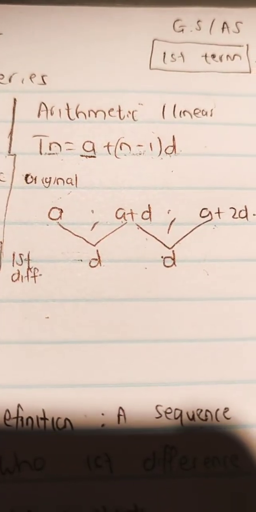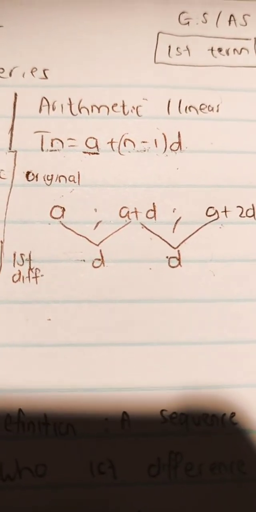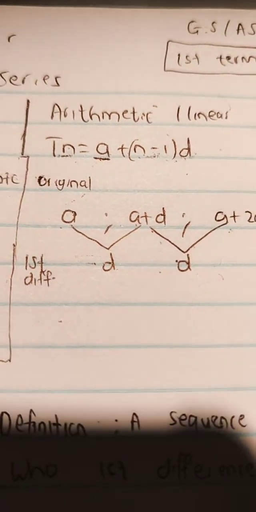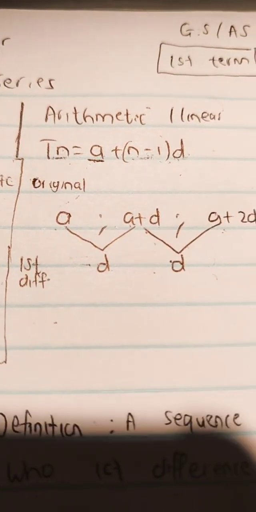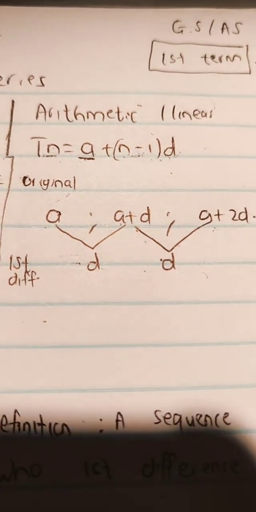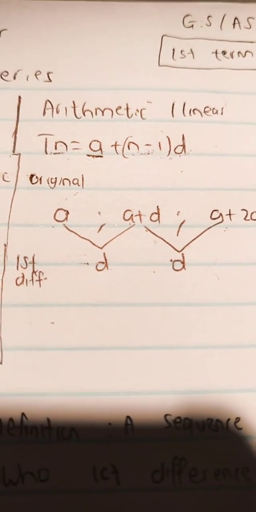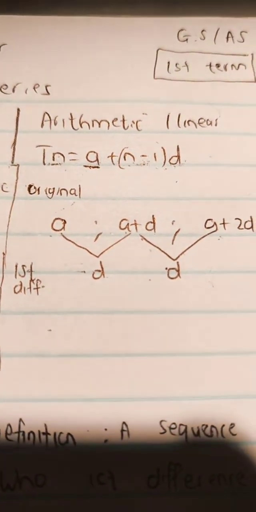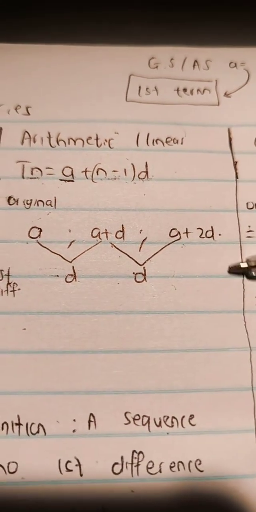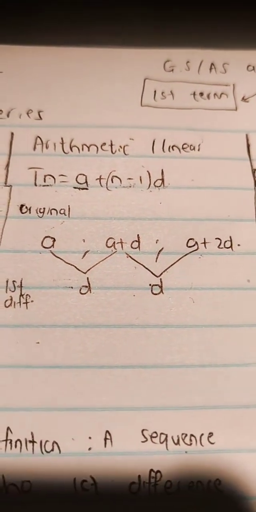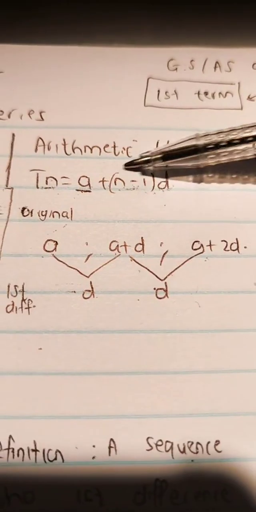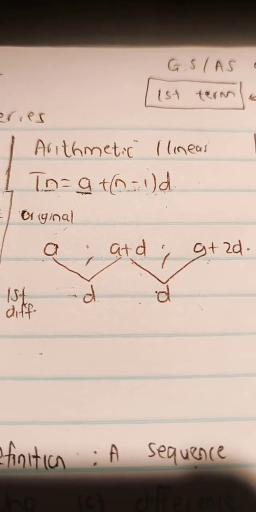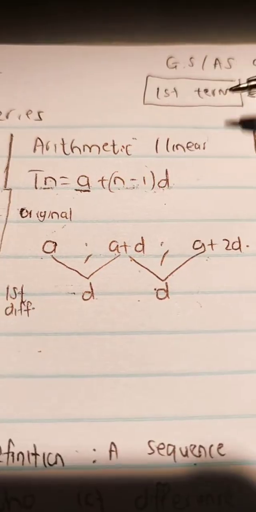Nolu asks, is it compulsory to use this formula for arithmetic instead of T is equal to dn plus c? Nolu, which grade are you in? Are you in grade 11 or grade 12? First answer that question, then after that I can address you. Ava, a plus 3d. Term 4 is going to be a plus 3d. Thank you very much. Nolu, you are in grade 12. Then please familiarize yourself with this formula.